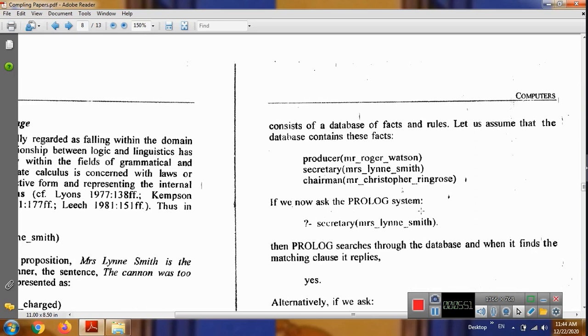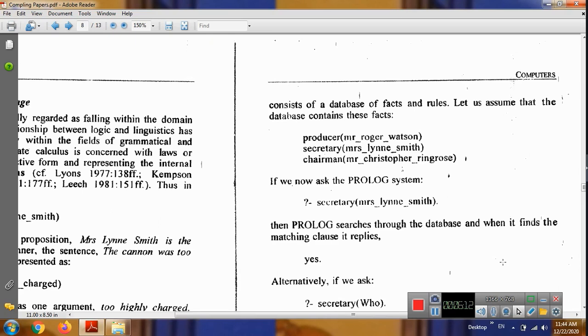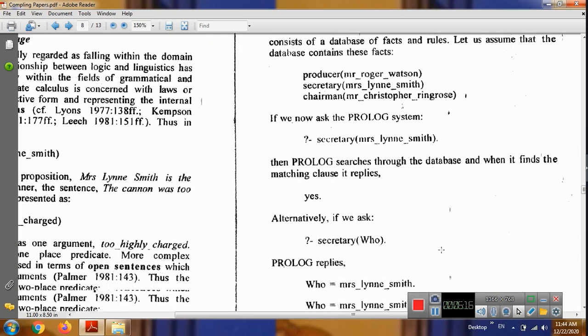If we now want to ask a question through the Prolog system, we have the question mark followed by the proposition in this way: secretary is Lion Smith. Prolog searches through the database, and when it finds the matching clause, it replies yes.